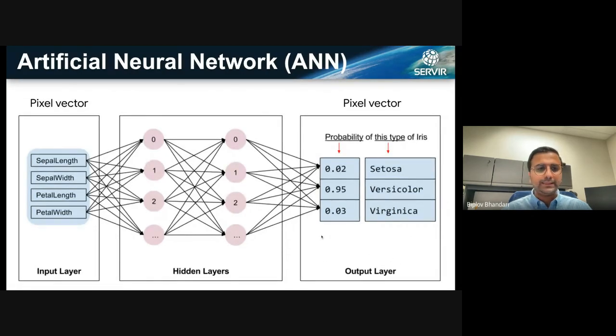I'll go into detail on each of them in the coming slides. What you're seeing here are called neurons, and each neuron represents some form of learning, and some form of mathematical computation goes on in each of these neurons.